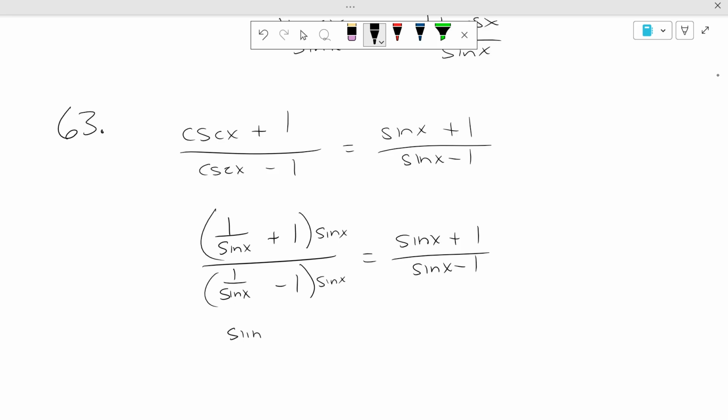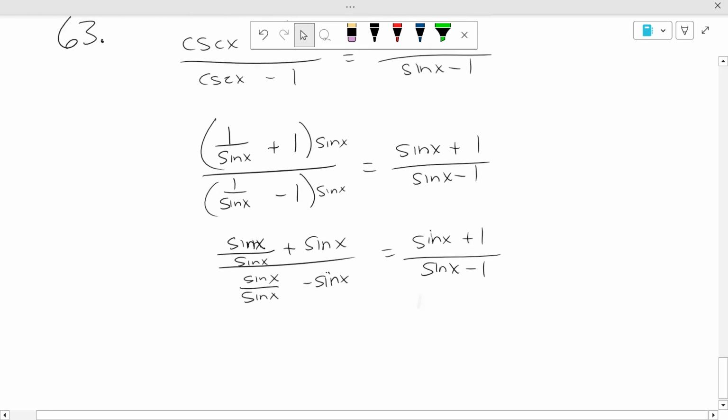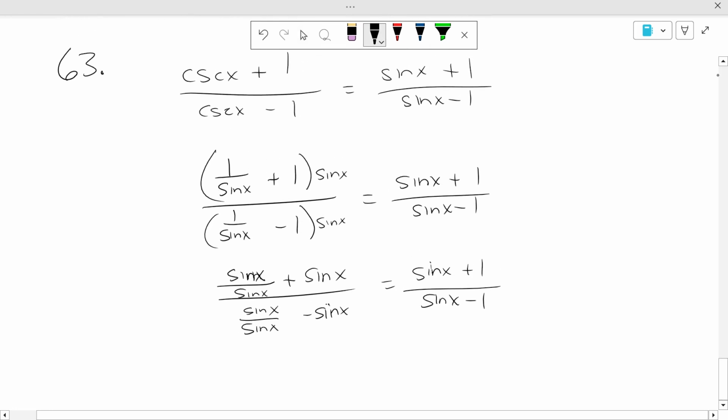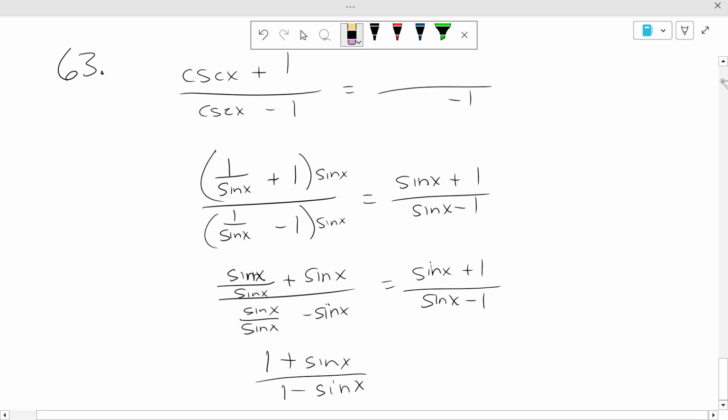We get sine of x over sine of x plus sine of x over sine of x over sine of x minus sine of x equals sine of x plus 1 over sine of x minus 1. So sine of x over sine of x is 1, plus sine of x, 1 minus sine of x. Whoa, did I write that wrong originally? Yes, I did originally. I wrote it wrong.